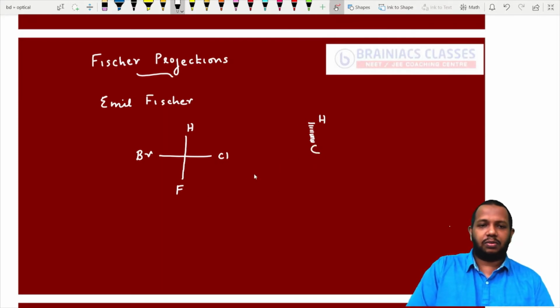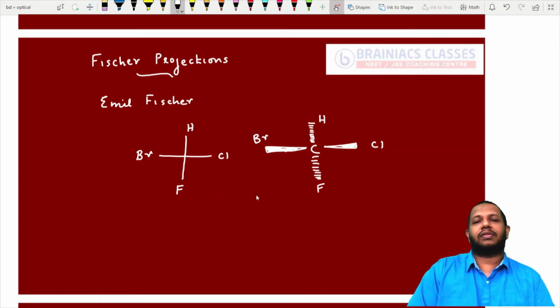What is the next one? On the vertical line, fluorine is coming. So this is also present away from the viewer, dash. Now horizontal lines represent wedge, that means towards the viewer. So you will have something like this: chlorine, and here we have bromine. This is the conversion step.